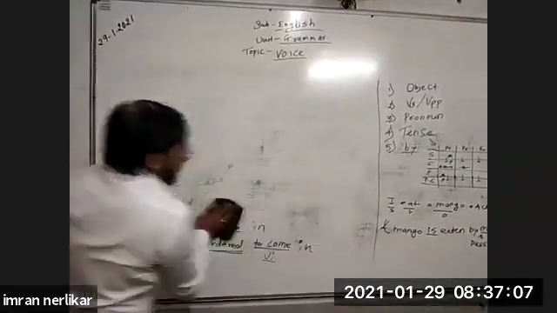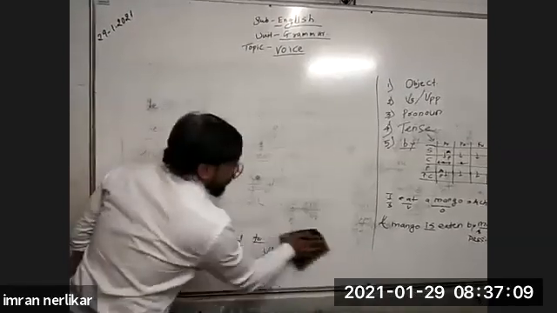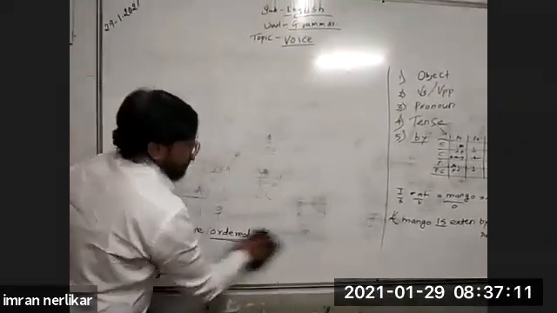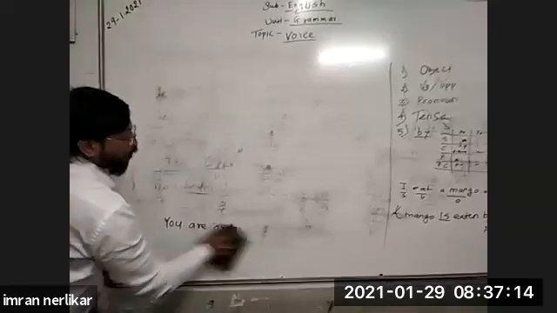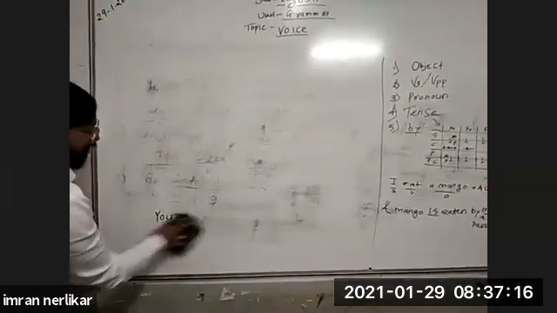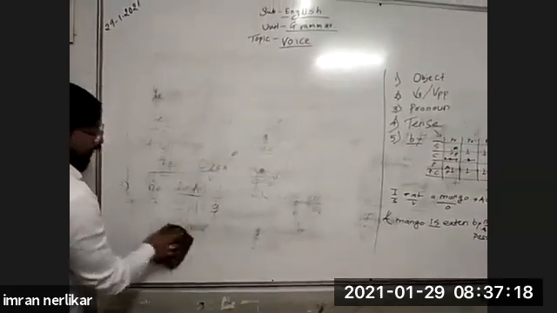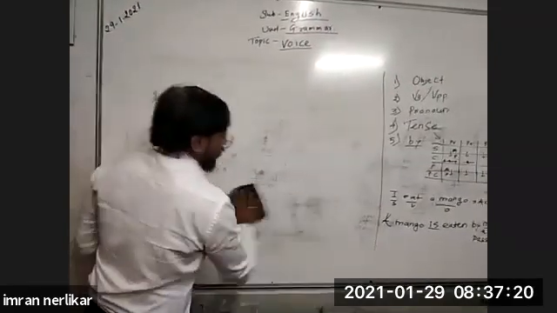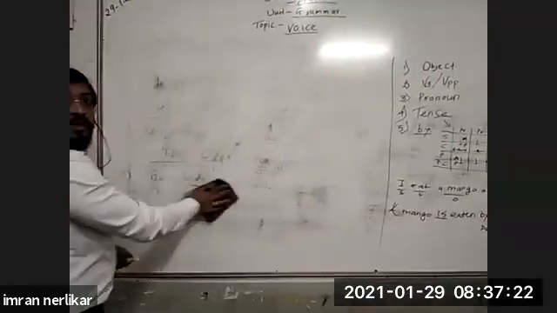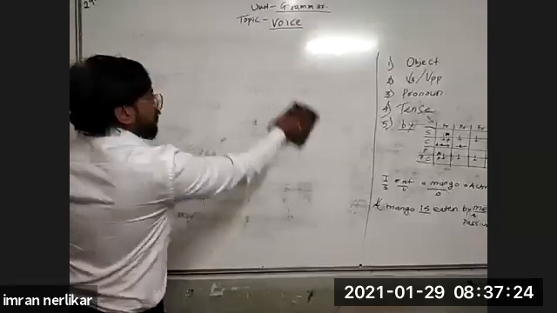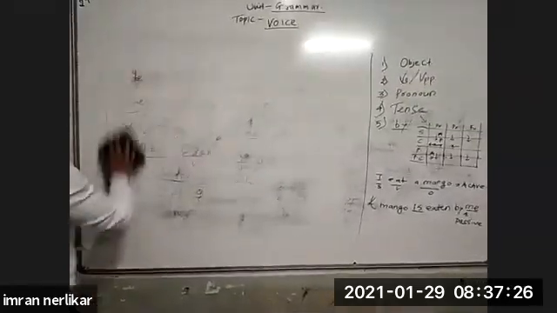The next type is interrogative sentence. Now, what do you mean by interrogative sentence? Have you heard this word? Interrogative, interrogation. Interrogation means, police interrogation. I think you have heard.